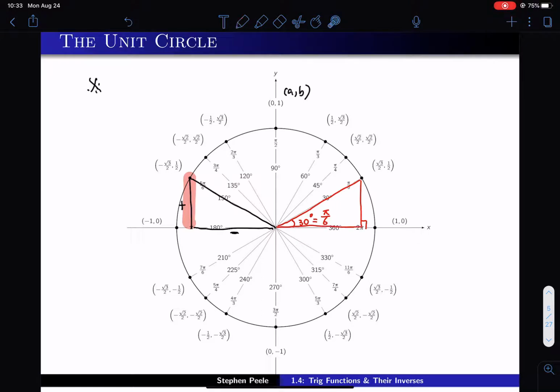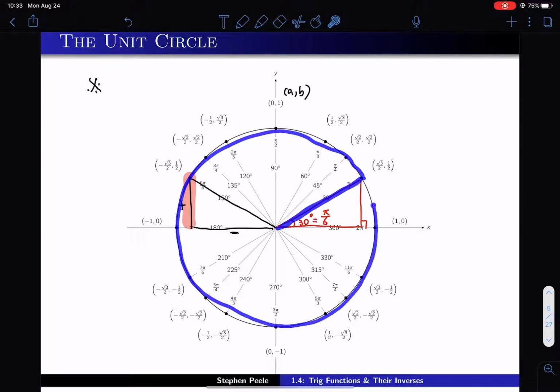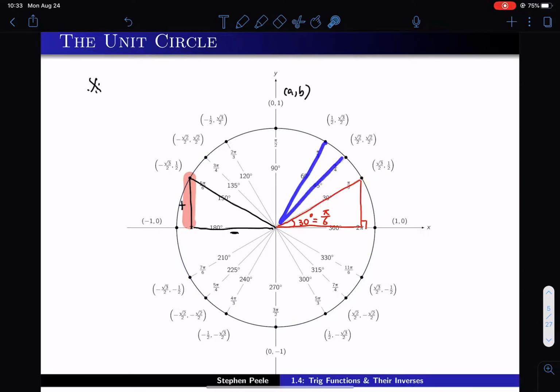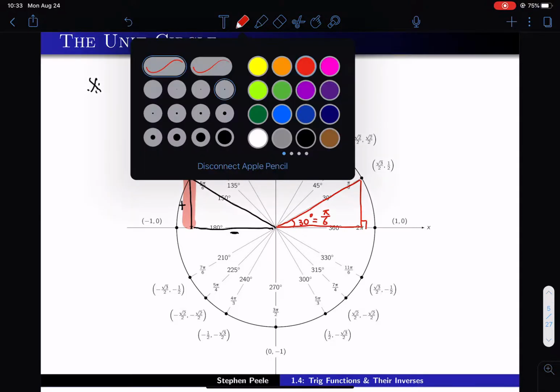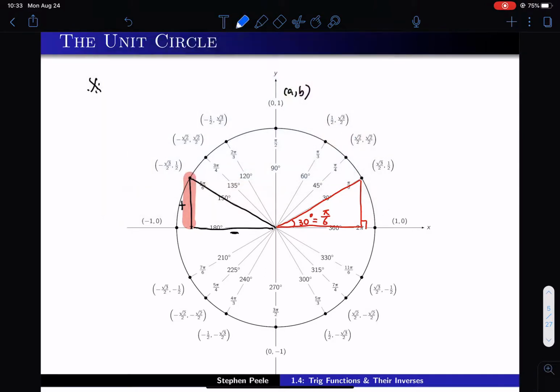In this triangle, because it is in the circle, this part is a radius of the circle, we know this is a unit circle. So this part is just 1. This blue line is just 1. Similar, for any other lines in this circle, it's just 1. Okay, so we know this one, and this angle is 30 degree, which means pi over 6. So let's write down, we know this is the 1.